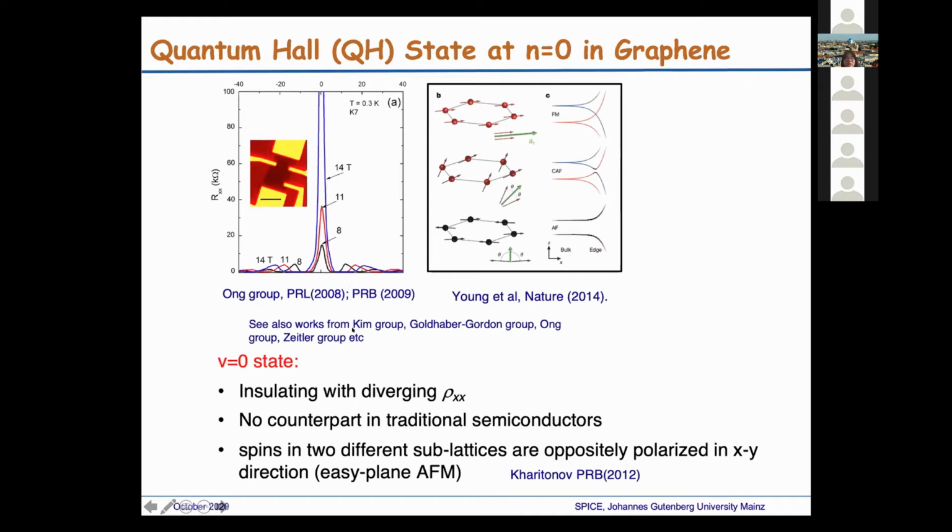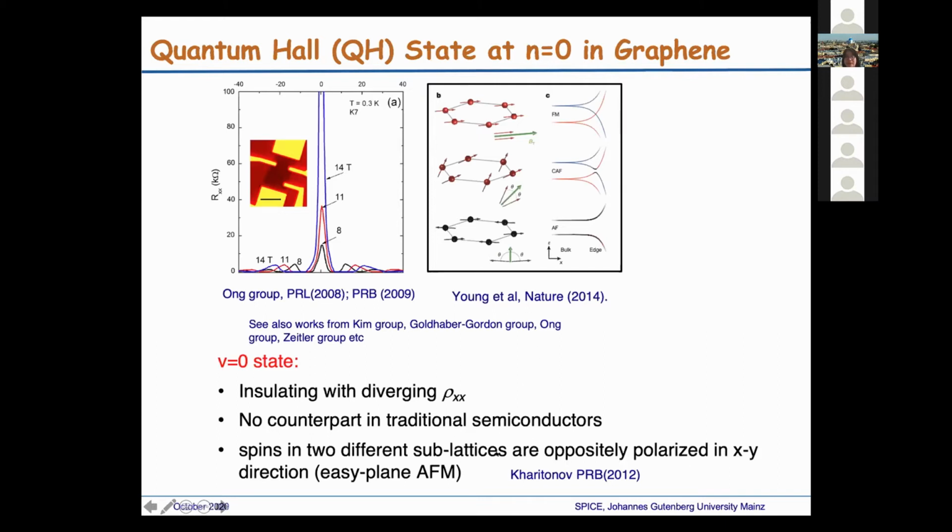This was first reported by Owen's group in 2008, and then there were quite a few works from other groups in the field. Experimentally, work by Andrew Young in Pablo Jarillo-Herrero's group back in 2014 showed that this insulating state is an easy-plane antiferromagnetic insulator, in which spins in the two different sublattices are oppositely polarized in the XY direction.